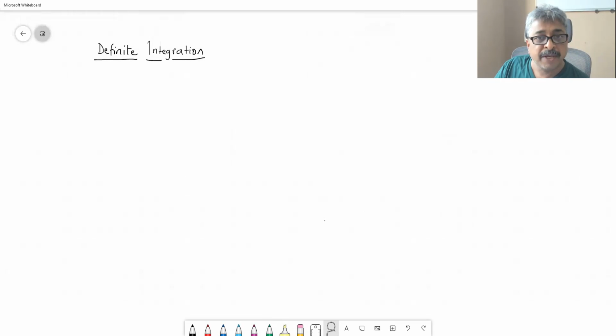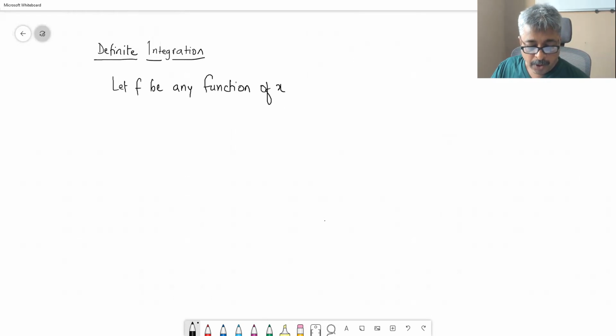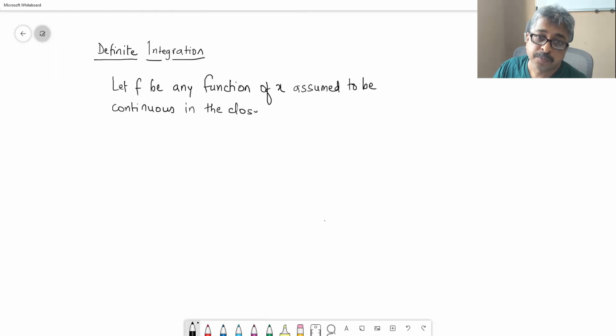Okay, so let f be any function of x, assumed to be continuous in the closed interval a comma b.